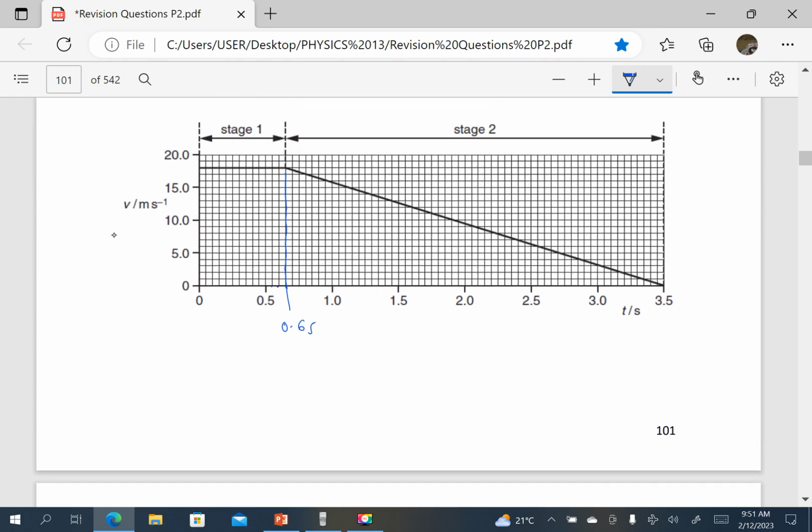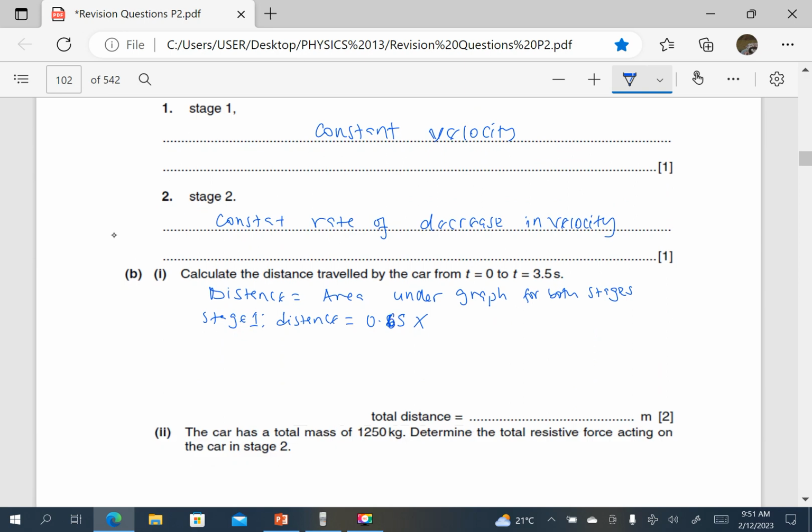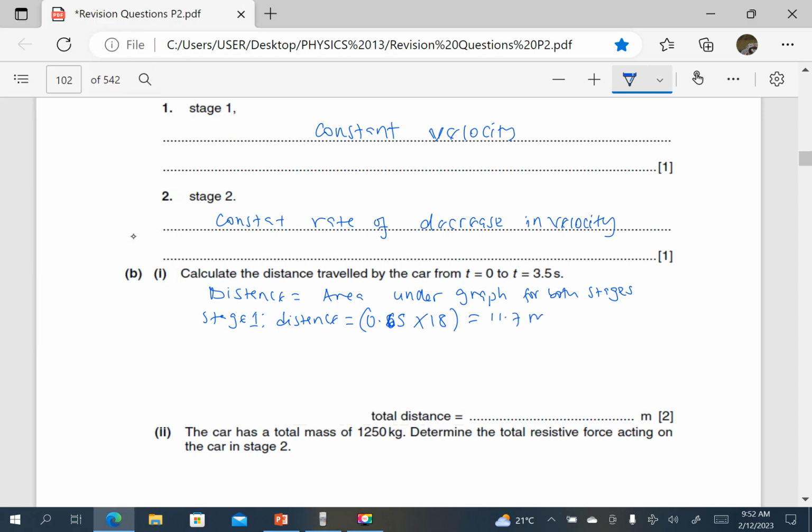On the vertical, it is 18. So it is 0.65 times 18, which gives us that distance. So that is 11.7 meters.